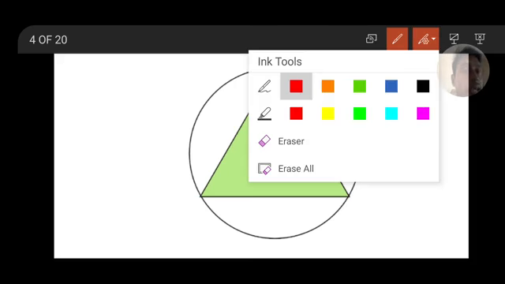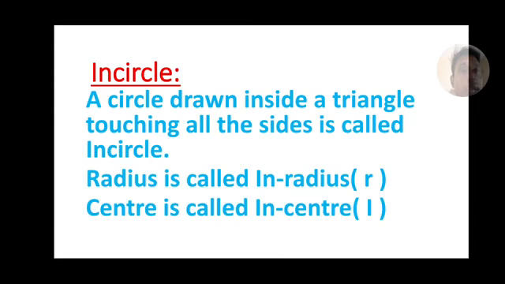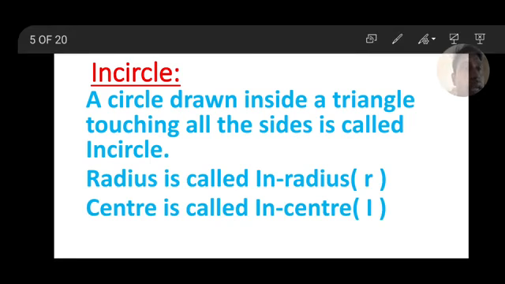Next, the incircle. The incircle is the circle drawn inside a triangle and touching all three sides of the triangle.